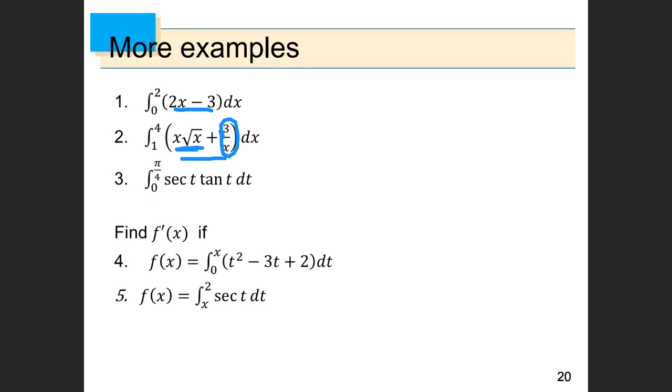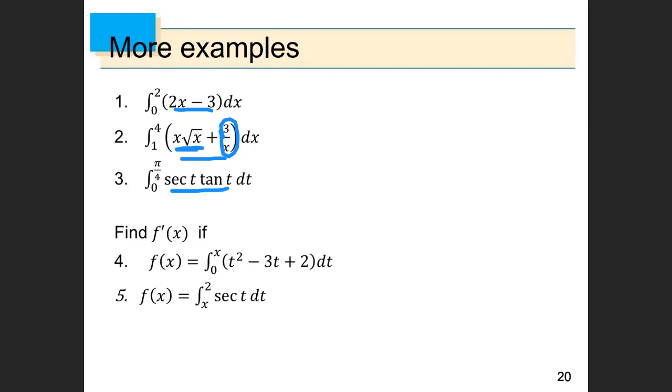So x times x to the power half is just x to the power 3 over 2. And then the antiderivative of sec times tan is just sec, because the derivative of sec is sec times tan. Therefore, if you integrate sec times tan, you just get sec. So it'll be sec of the upper bound minus sec of 0.